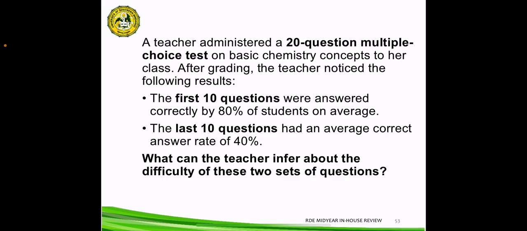So the teacher can infer the first half is easier, and this data can help us revise or balance our test items.